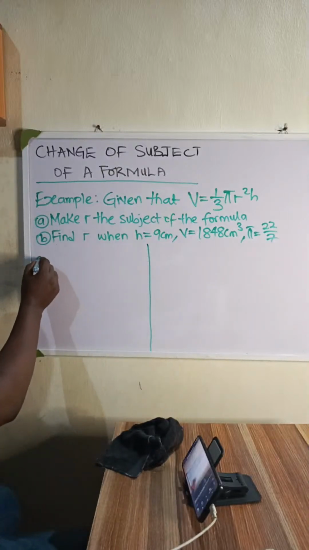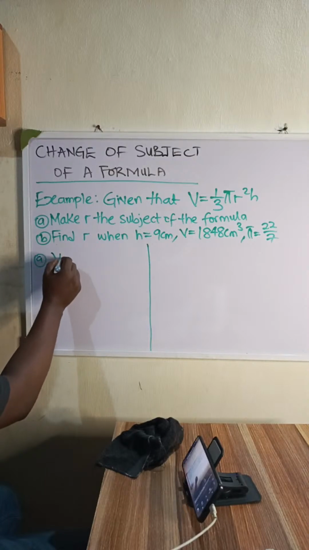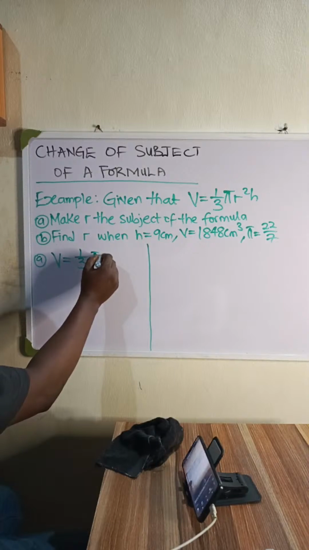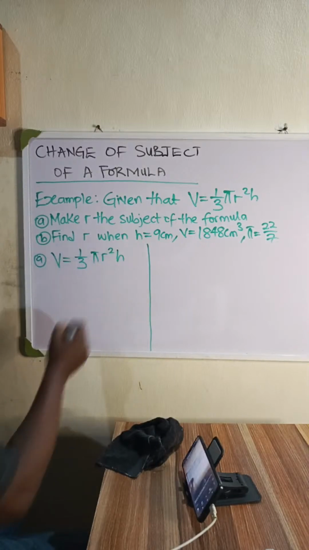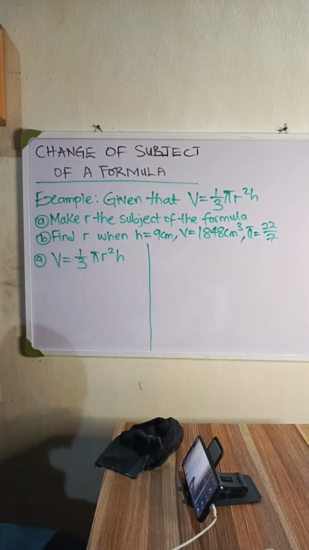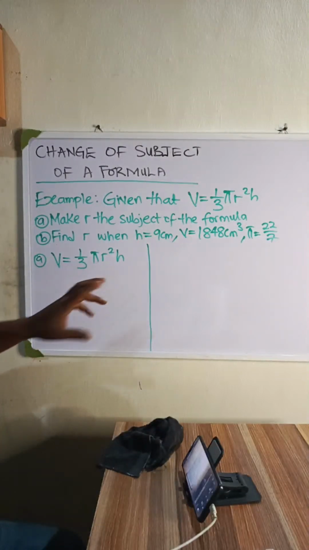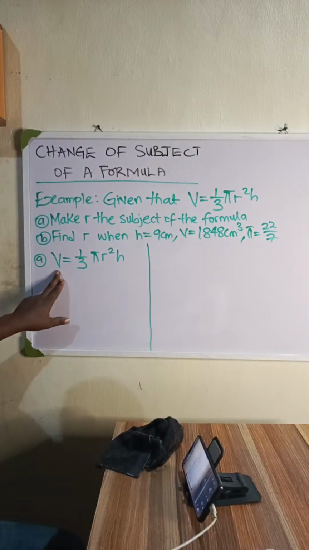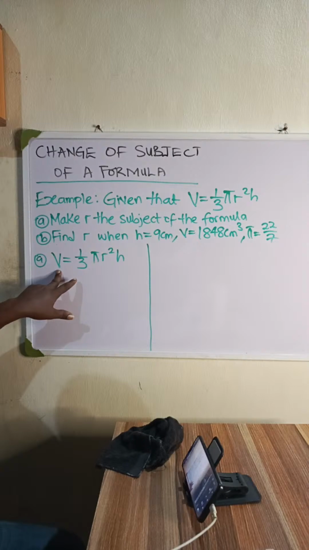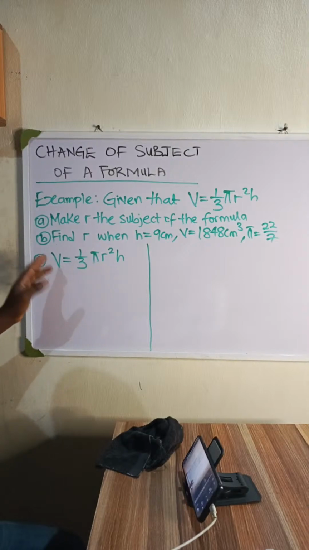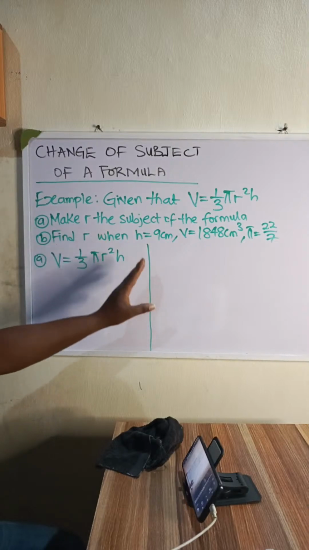So A, we have V is equal to 1/3 pi R square H. So the first thing we need to do is to make R the subject of the formula. Initially, V is the subject of the formula because V is the value that is on the left side of the formula. So this means we need to move R to the left and move V to the right.